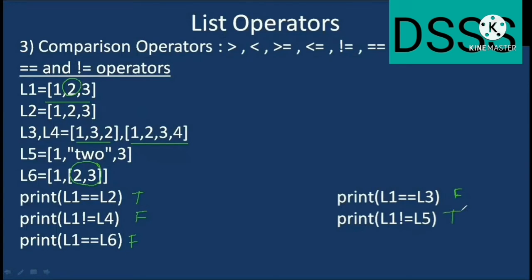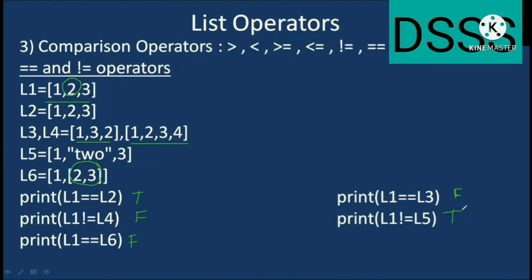Next, L1 double equals L6. 1, 2, 3 and 1, 2, 3 looks like L1 elements and L6 elements. The number of elements is different, so you are comparing a list with a comparison of 2 and 3. So not comparable. So this is giving the false output. Okay. L1 equals L3.